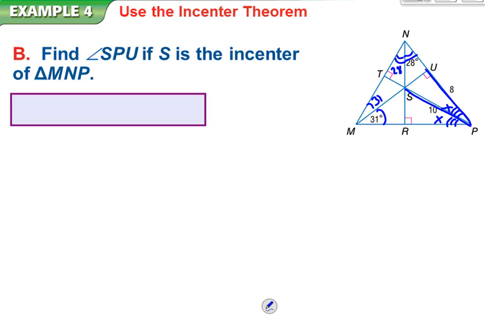And in that big triangle, triangle MNP, we know that the sum of those angles is 180. So I'm just going to write the measure of each of these big angles. The measure of angle MNP is the 28 plus 28. So that is 56.